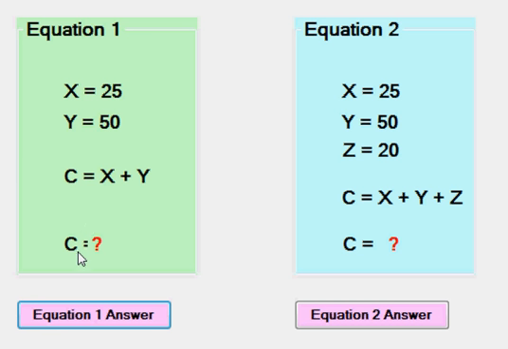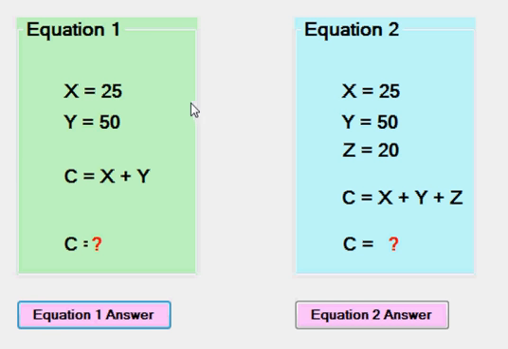Now you want to find c. In equation 2, x is 25, y is 50, z is 20, c is x plus y plus z, and you want to find c.